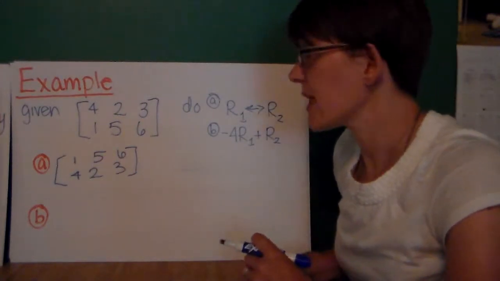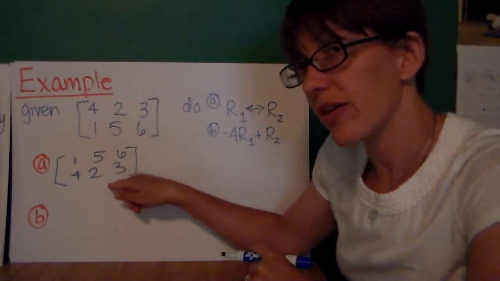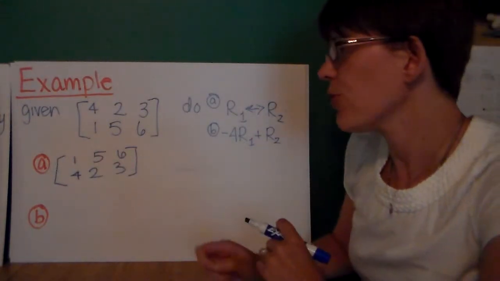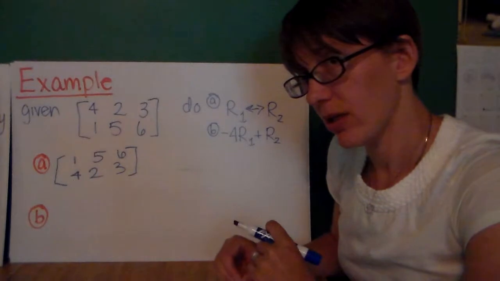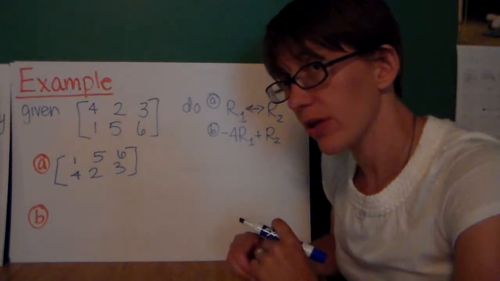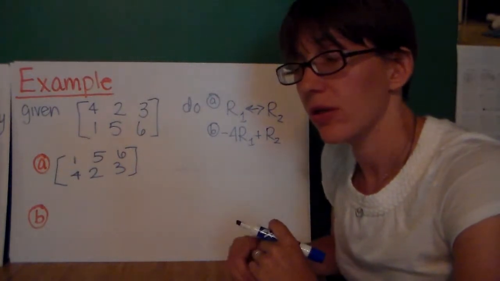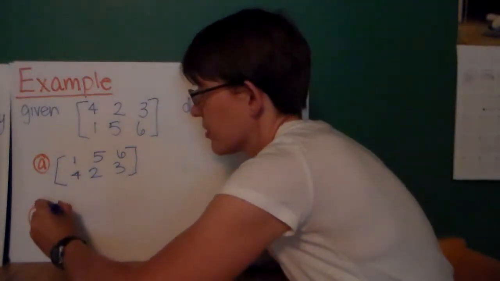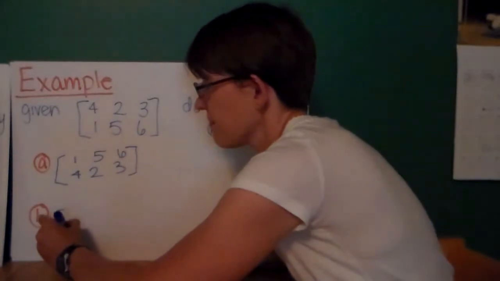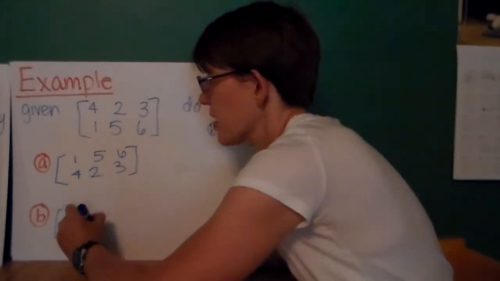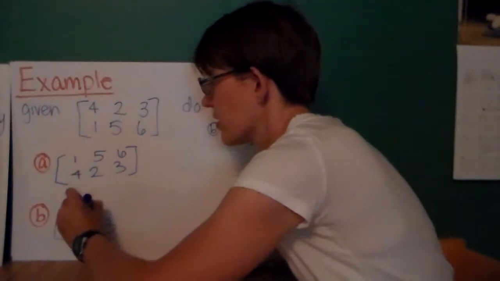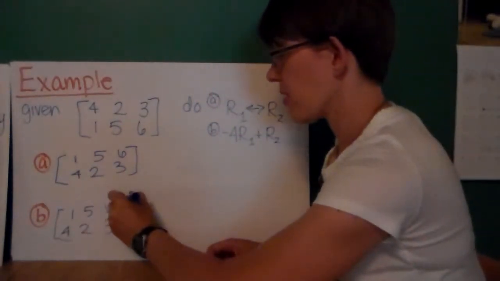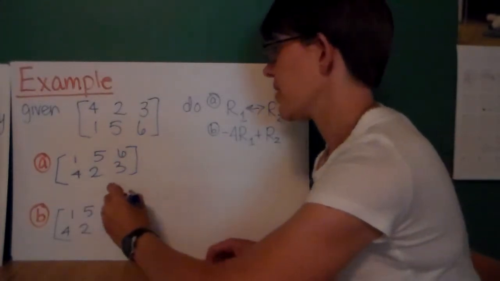My second thing says take this answer that I've gotten, multiply all of these values by -4, add them to what is in row 2, and write the answer in row 2. Row 1 is going to stay looking just the same. So just to help me with this, I usually copy the matrix and I write my numbers above it. Okay, I'm going to multiply all of these by -4.